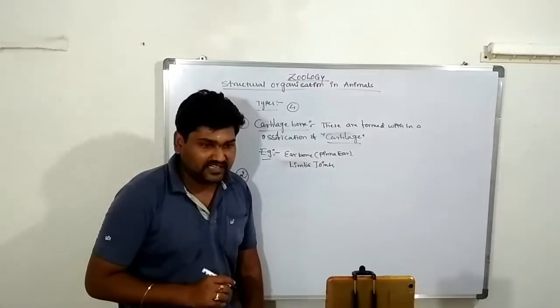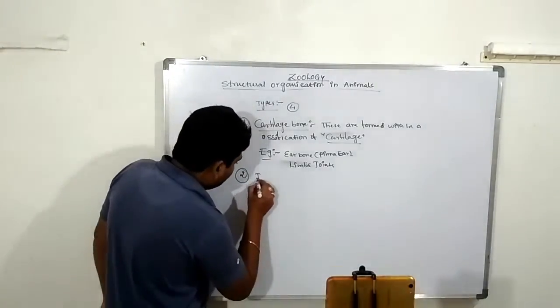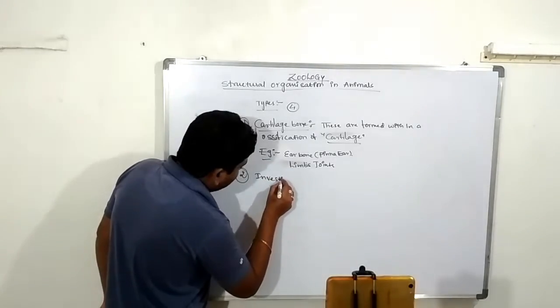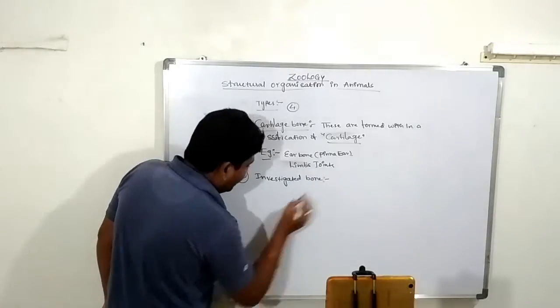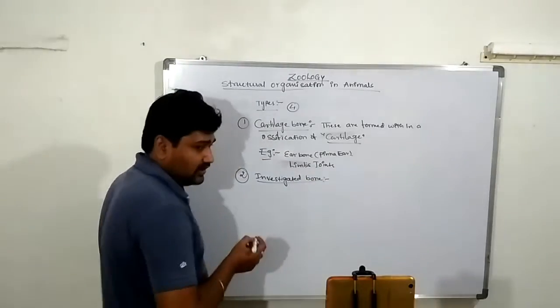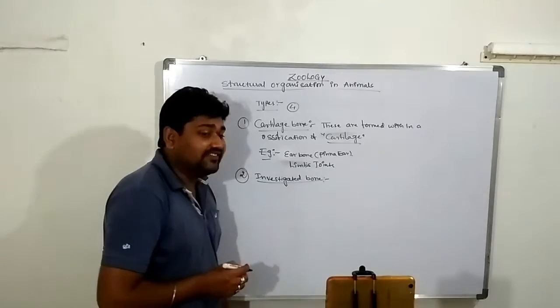Second one is investing bones. You can write investing or investigated.